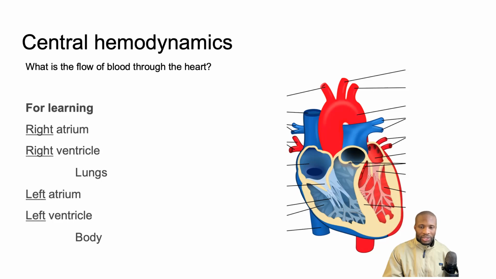And then you get oxygen and you drop off carbon dioxide, which we mentioned in the prior lecture. And then we come back into the heart, and we come back into the heart once again through the atrium, right? And that's going to be the left atrium. And then we go into the left ventricle before we finally exit out of the heart through the aorta.